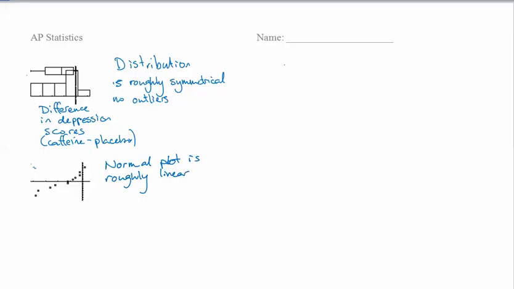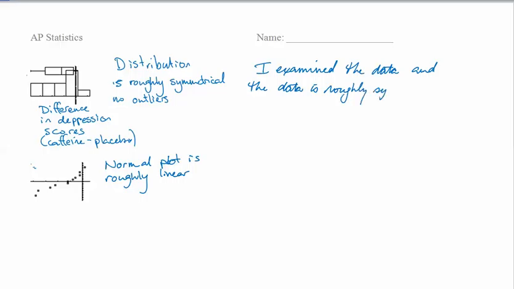So for this portion in our planning, I examined the data, and the data is roughly symmetrical and has no outliers.